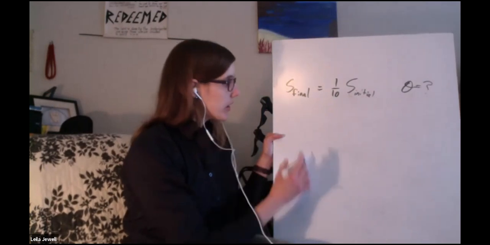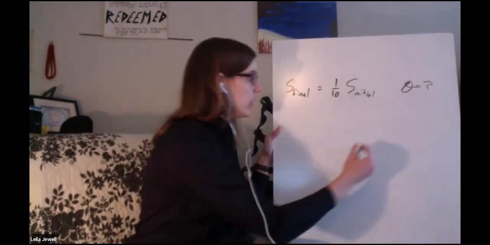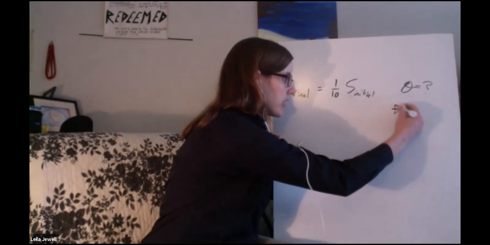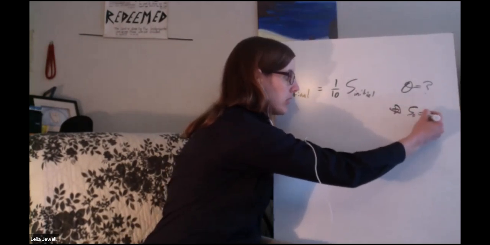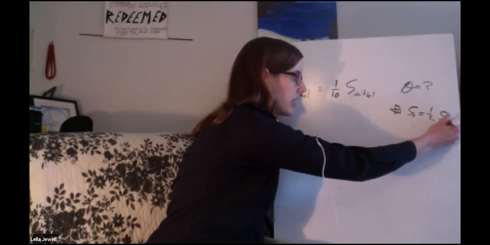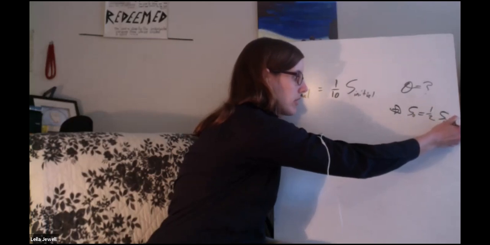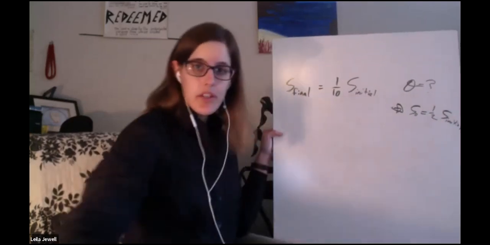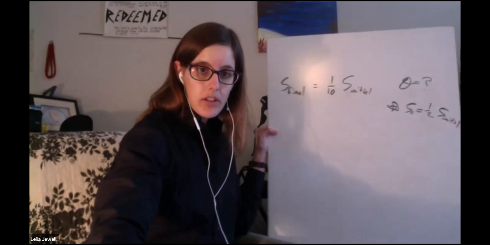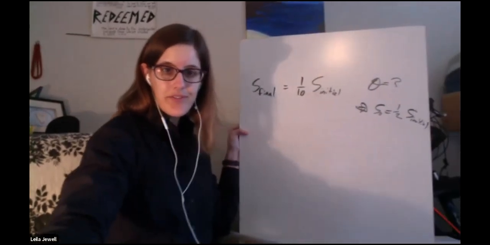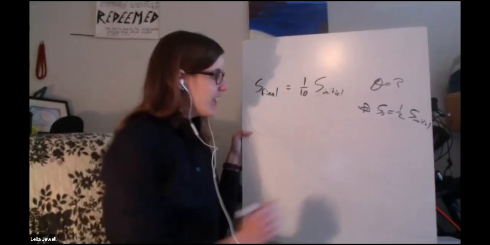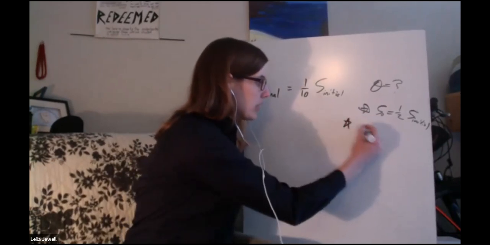We know a couple of things, right? One, we know our intermediate S naught is 1/2 S initial. Sorry, I'm getting really messy over there. The other piece that we know is Malus's law.